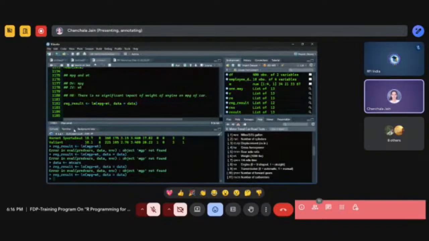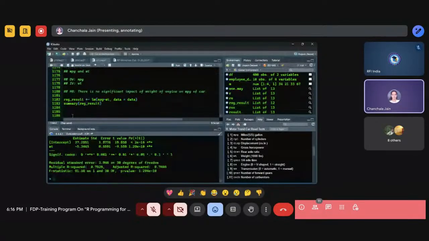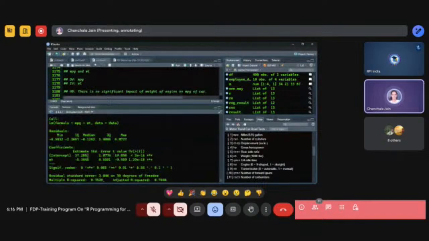Now, suppose I want to see the summary. You can see the complete summary we are getting in the console. So I'll explain what the summary is saying to us.